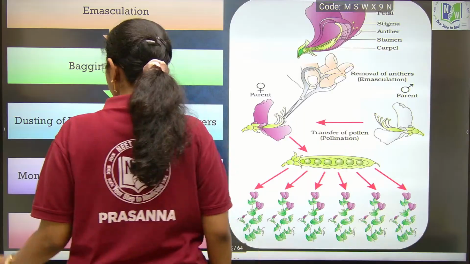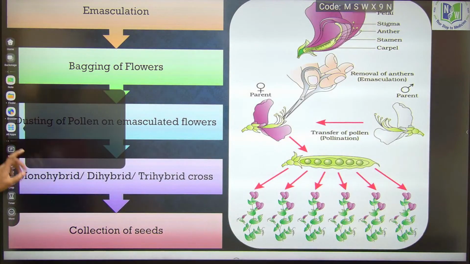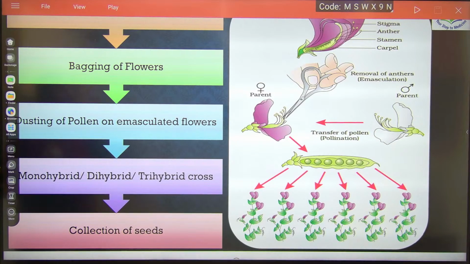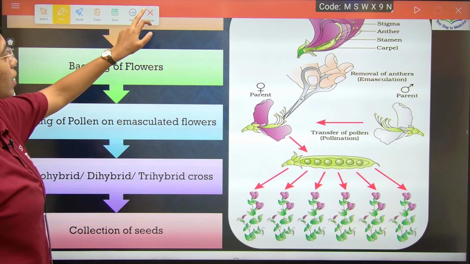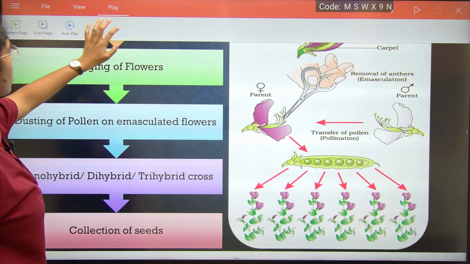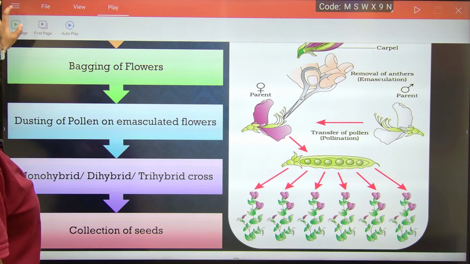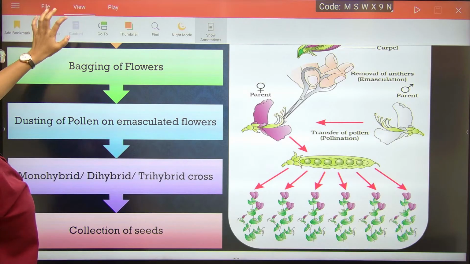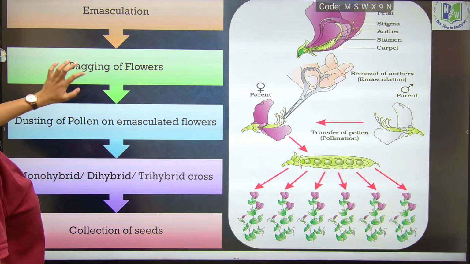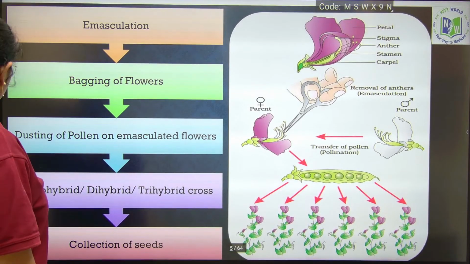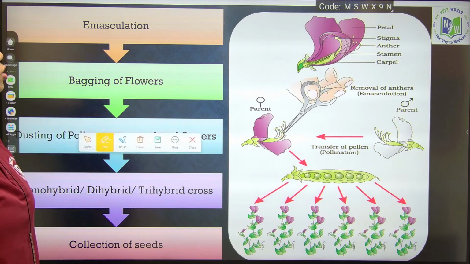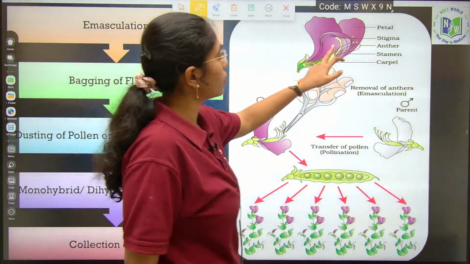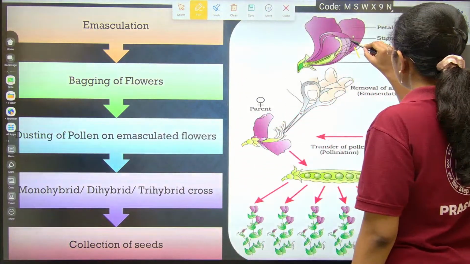Artificial hybridization is done, how crossing is done. As the pea plant is a bisexual plant, it has bisexual flowers. In a bisexual flower, you have to first emasculate, or cut down the anthers, so that it will prevent self pollination.